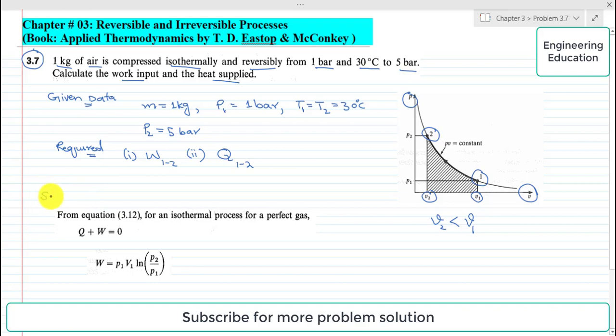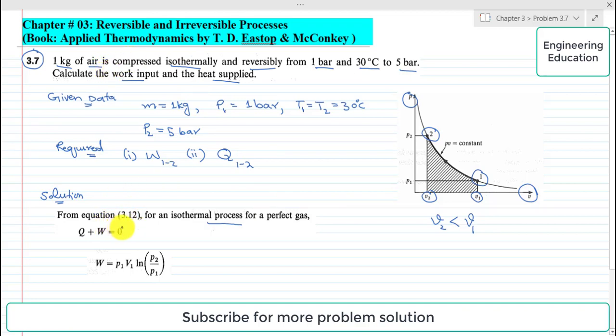So coming to the solution of the problem, it is very clear and given in the text of the book as well that isothermal process for a perfect gas, in this case air is treated as a perfect gas.